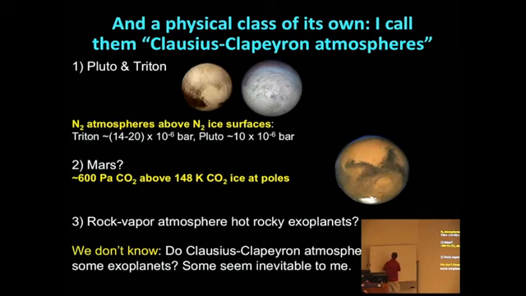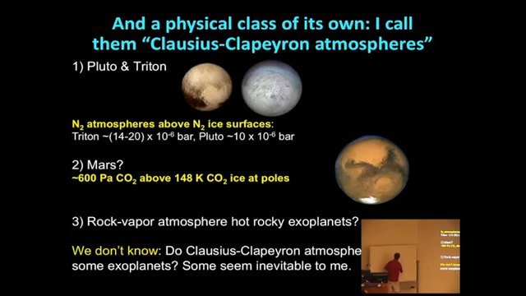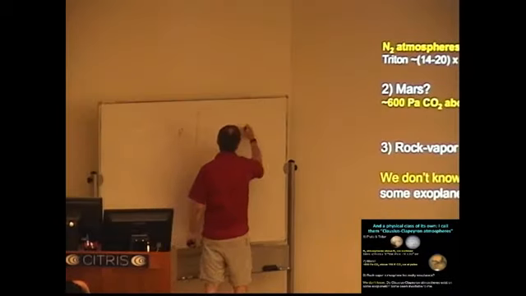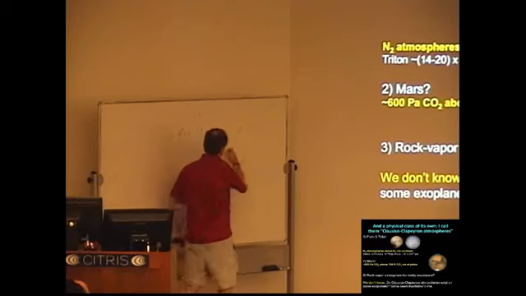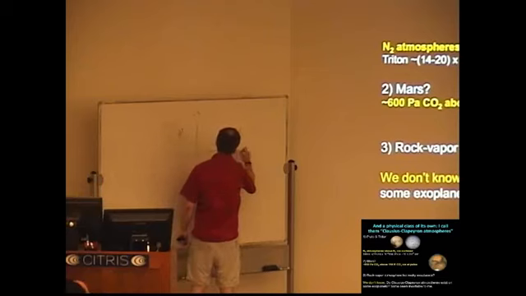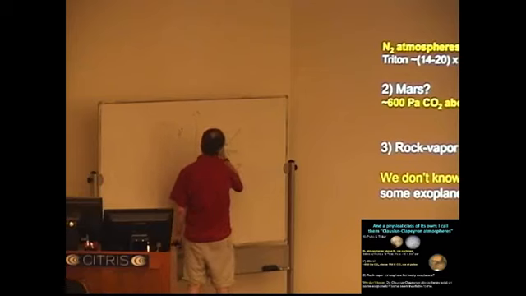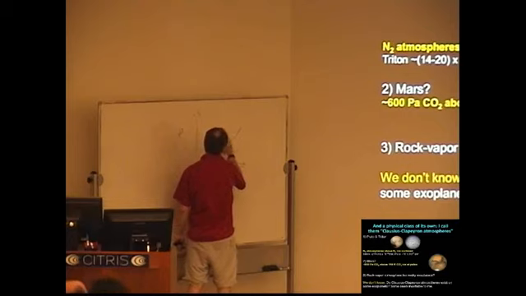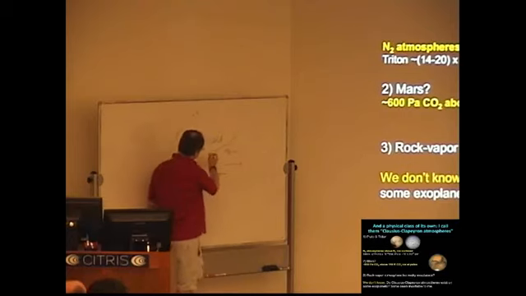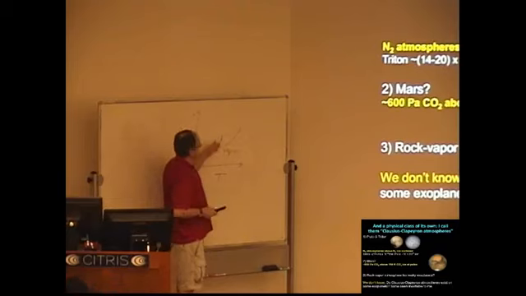What I mean is that if you have this is temperature, and this is pressure, there is a curve where this is vapor, and this is, it could be liquid or solid, but for these objects, this is the Clausius-Clapeyron equation. And because Triton has nitrogen ice, the vapor you get is set by the surface temperature.